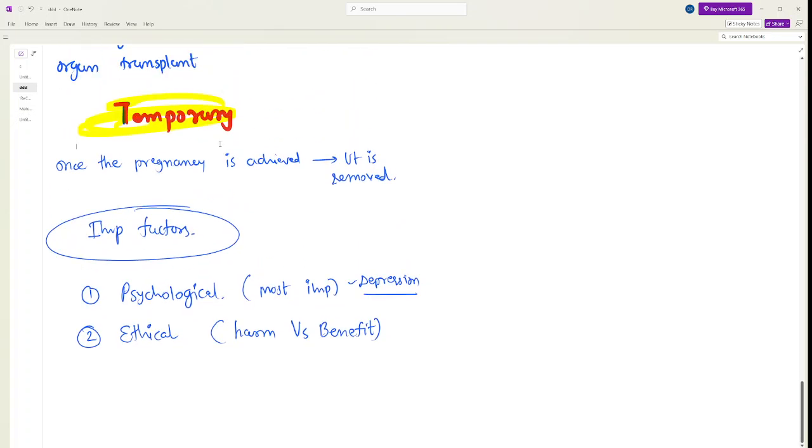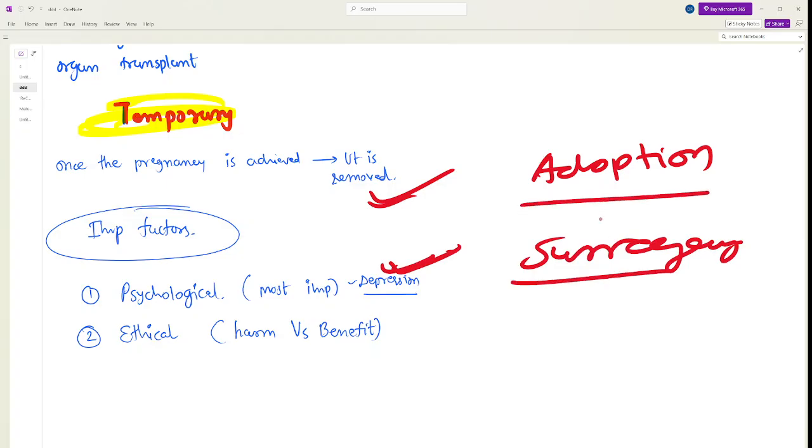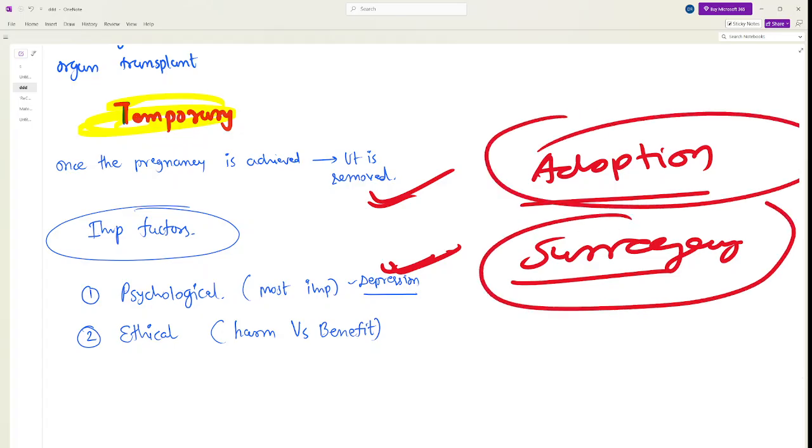First of all, what is the traditional treatment for uterine factor infertility? The traditional measures are adoption and surrogacy. Now there are a lot of legal issues, ethical issues, psychological issues associated with adoption and surrogacy.